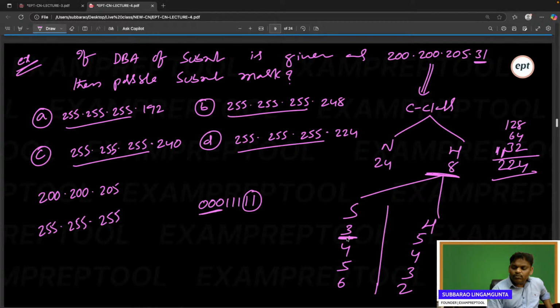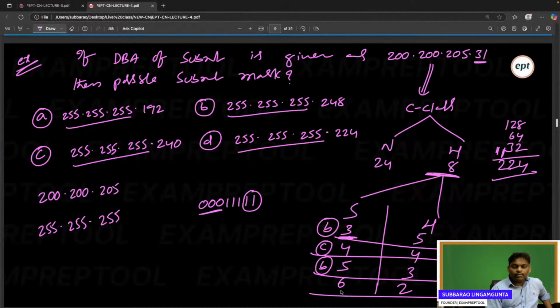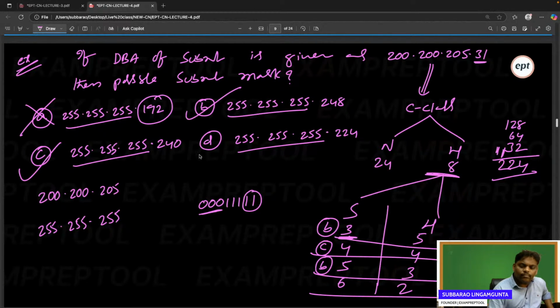So for 224, that is option B. For this, I think 240, option C. For this, 248, option B. For this, what is the answer? I think the last two people are gone. It is 252. So 192 is not possible, so A is not possible.